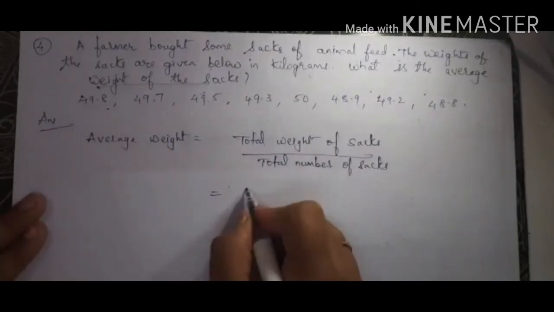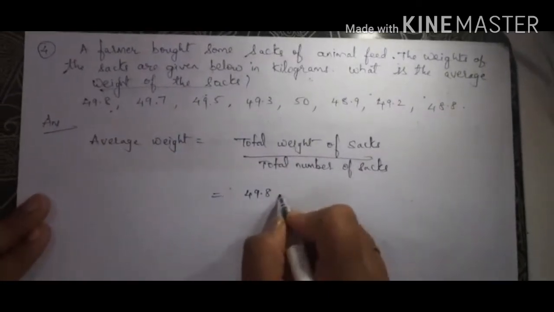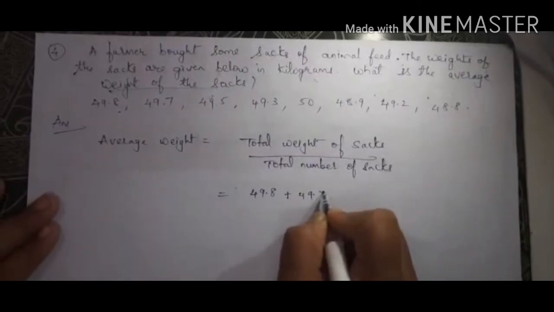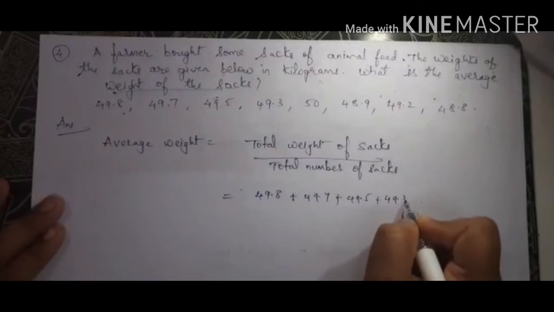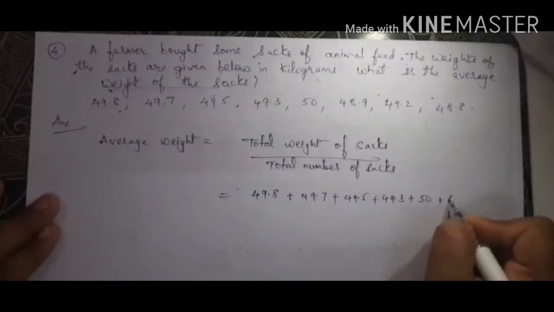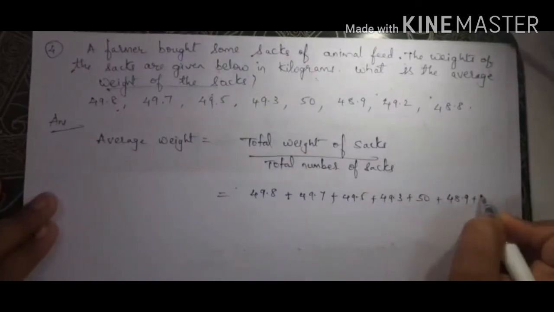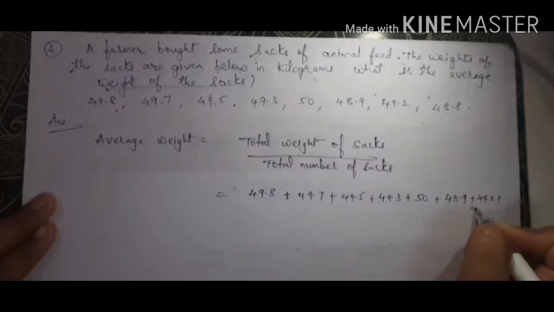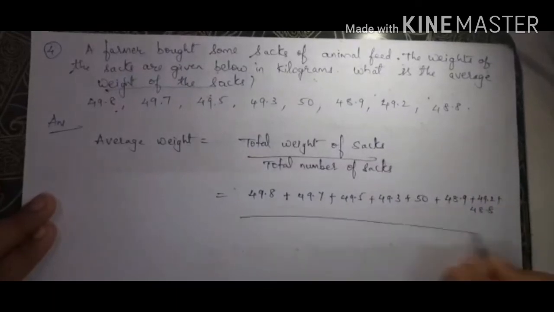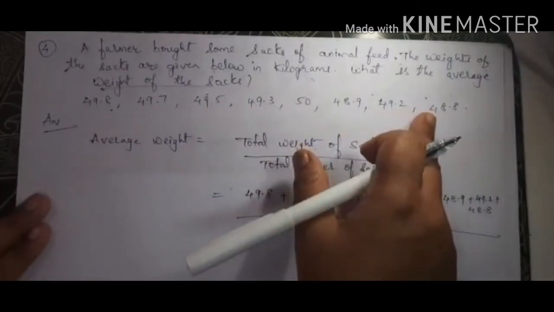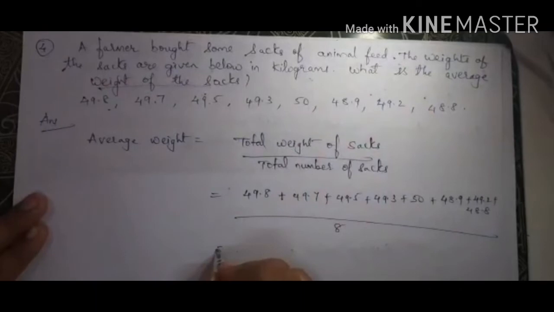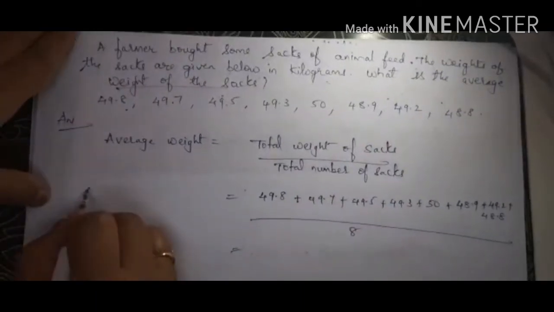To add this properly, because all are in decimal, 49.8, 49.7 plus 49.5 plus 49.3 plus 50 plus 48.9 plus 49.2 plus 48.8. Divide by how much they are? 1, 2, 3, 4, 5, 6, 7, 8. Yes, divide by 8. So let's add it properly.